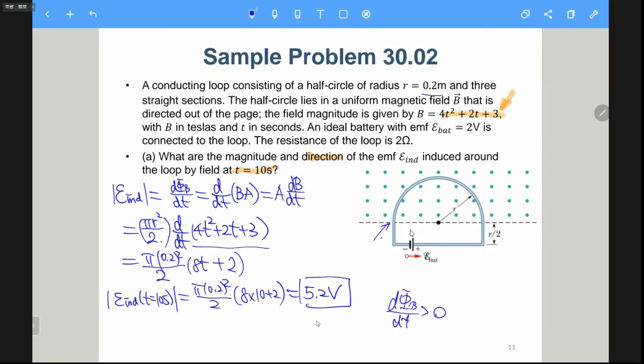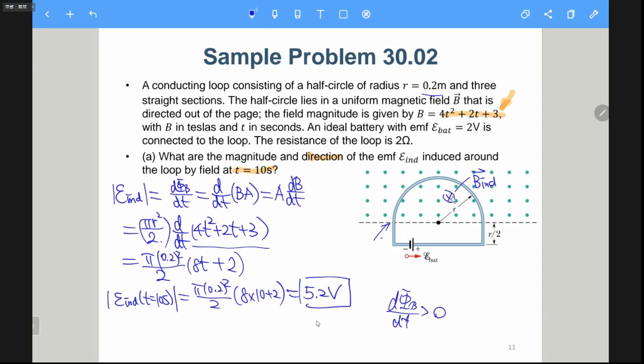Phi_B pointing out of the page is increasing. So the B induced should be pointing into the page, because the external B field is pointing out of the page and increasing. So B induced should be pointing into the page due to Lenz's law.